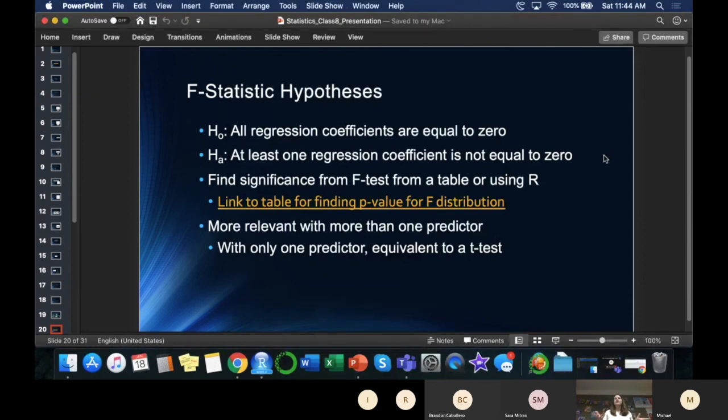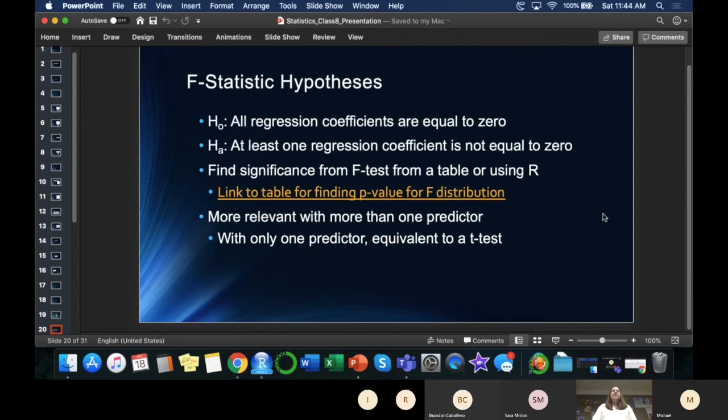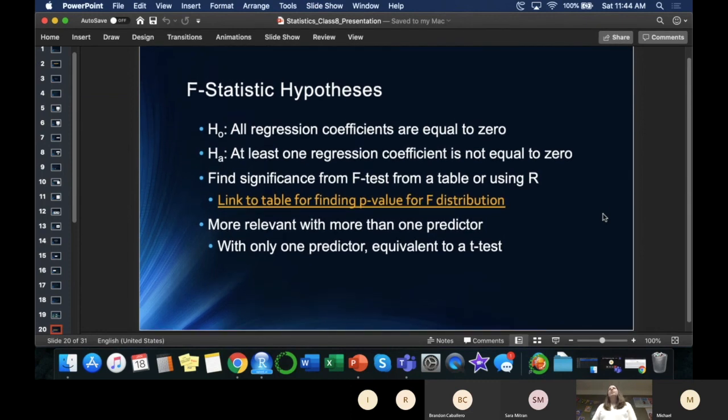If you want to go back and look at that table, it might help with how intuitive it is. This is more relevant when there's more than one predictor. It's not really going to tell us a whole lot while we only have one predictor, because it is equivalent to a t-test when you only have one predictor. It's the same thing.